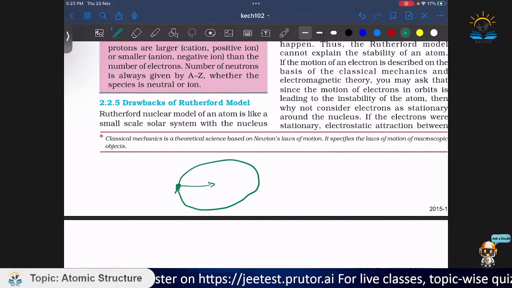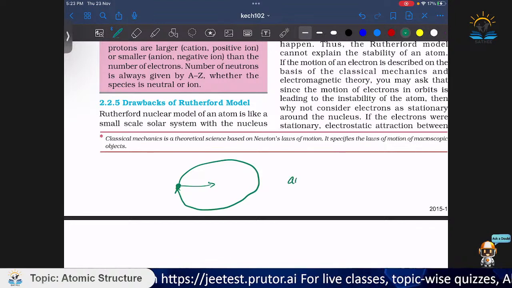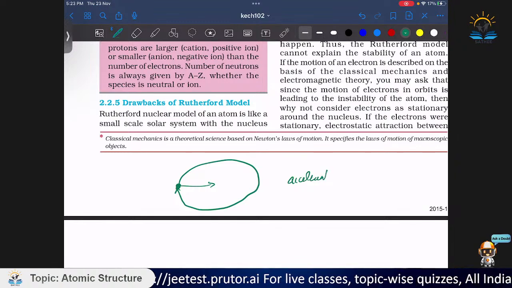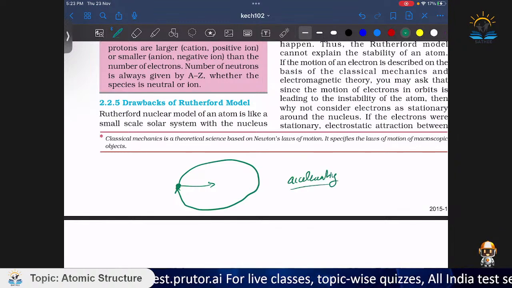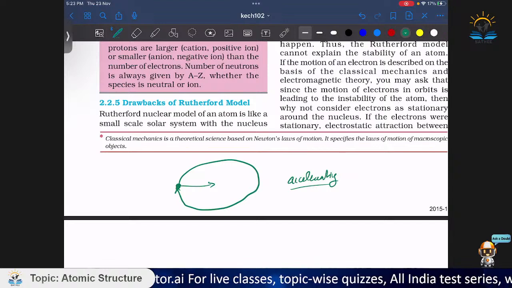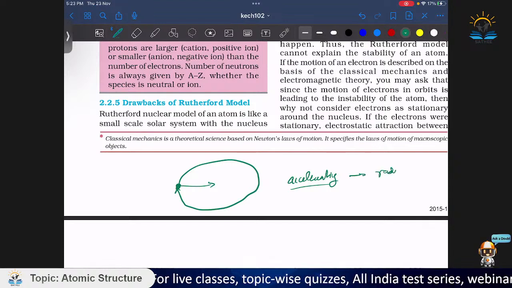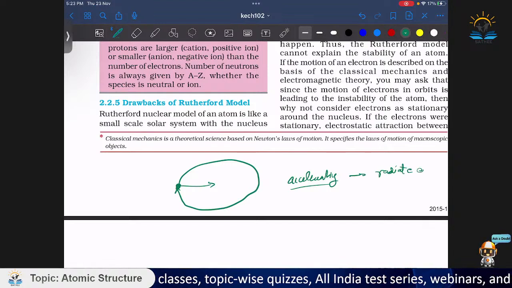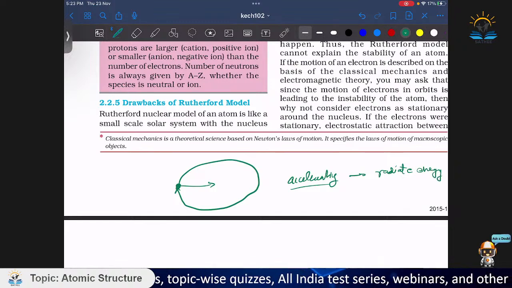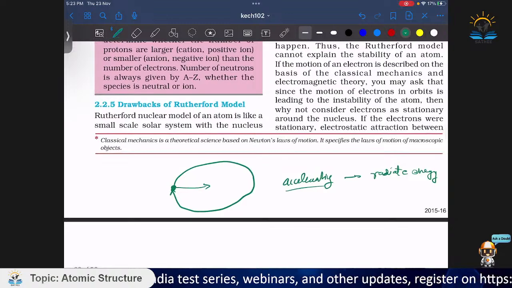And if a particle is accelerating, it will radiate energy. That is the basic rule of nature. If some charged particle is accelerating, it will radiate energy, it will radiate light or any electromagnetic wave.